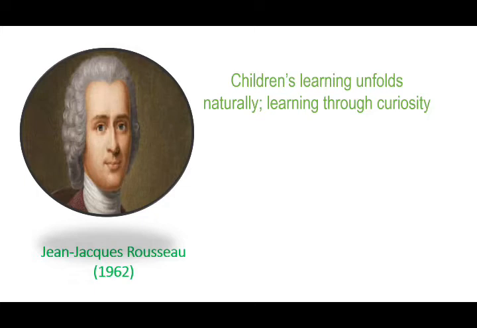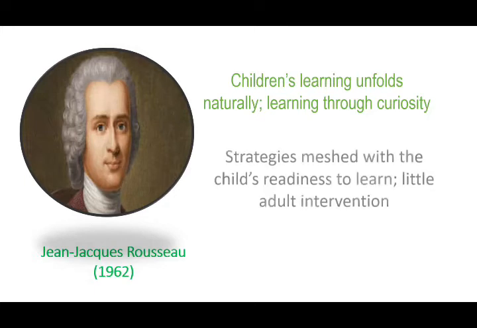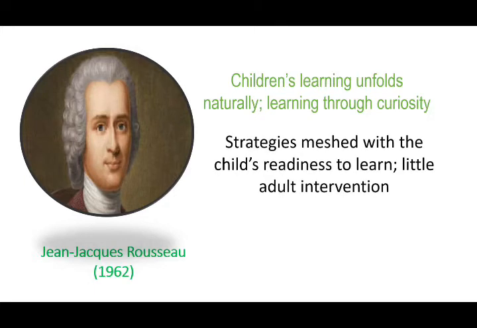Because of this, strategies should mesh with the child's readiness to learn, and there should be little adult intervention. This means, class, that children should be given freedom to be themselves. So, parents or, let's say, guardians should not force the children to learn. They need to perform according to their own volition.